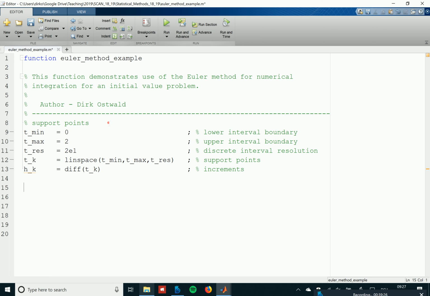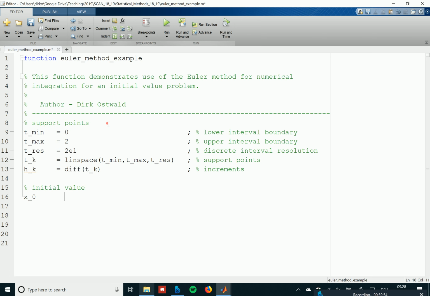And then let's specify the initial value. Let's just define the x0.